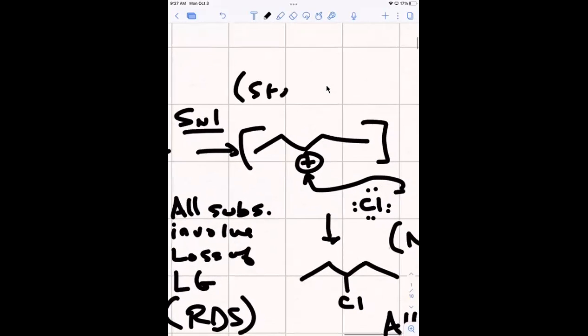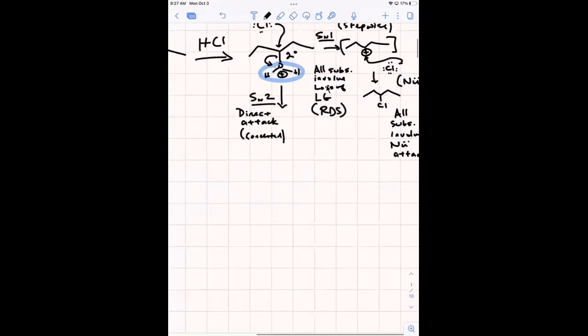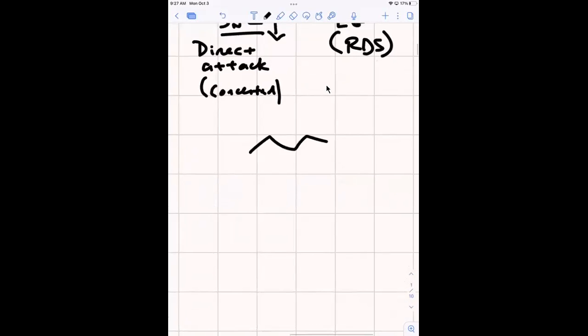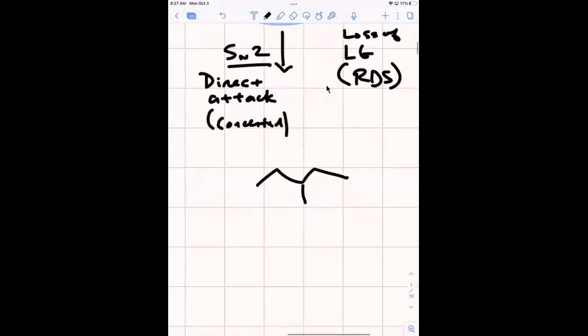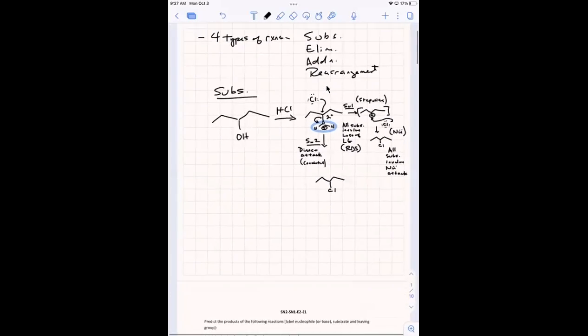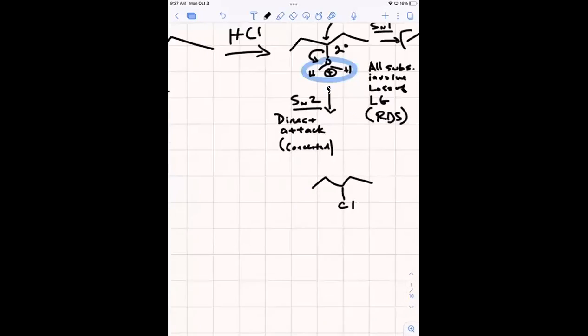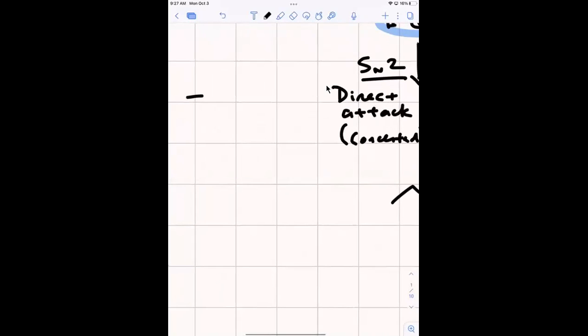SN1 is stepwise. I think we also even talked about the stereochemistry and everything. But at any rate, you're going to get the same product that you would from the SN1. The difference is if it's direct attack, then it's also what we call stereospecific.